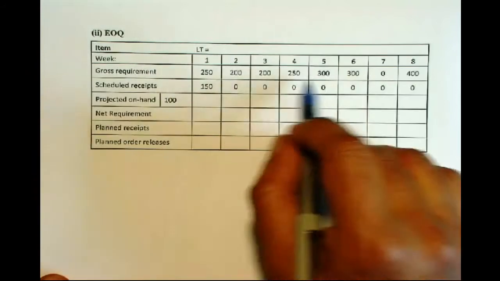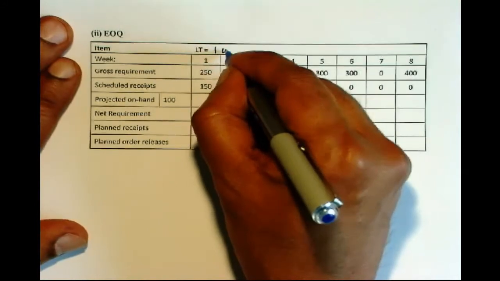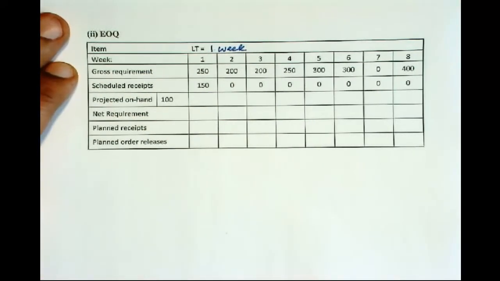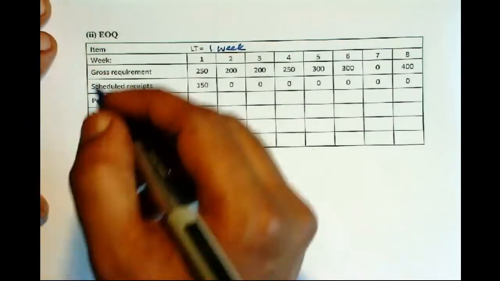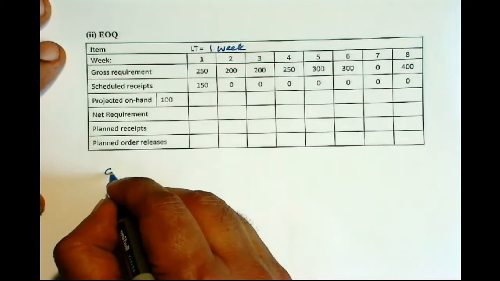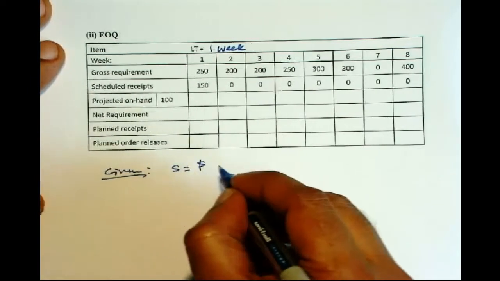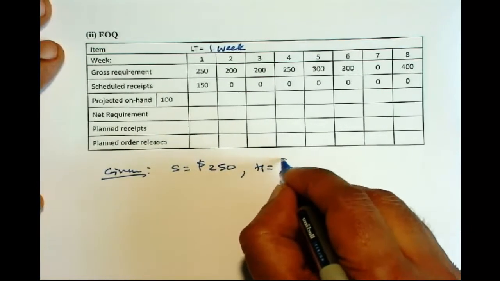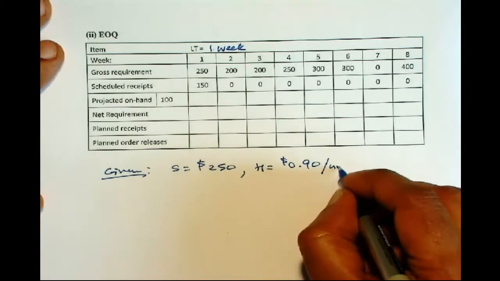Same numbers, but we're going to do an EOQ approach. So here we have to first find the EOQ. Given setup cost is 250, holding cost is 90 cents per unit per week.